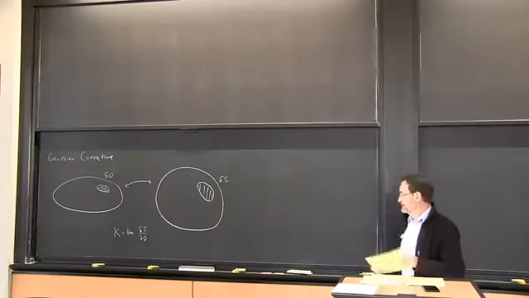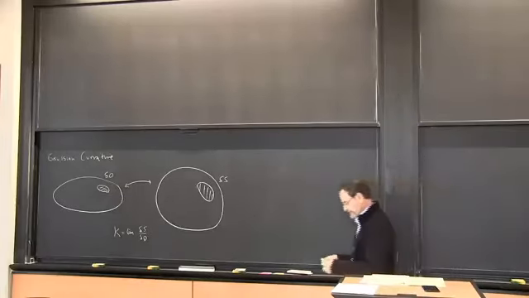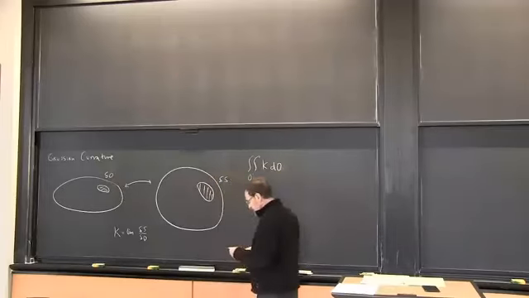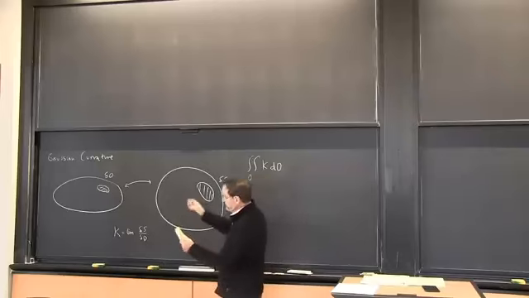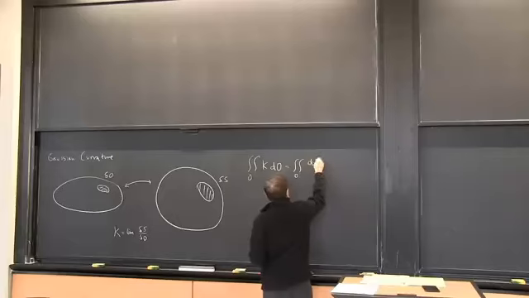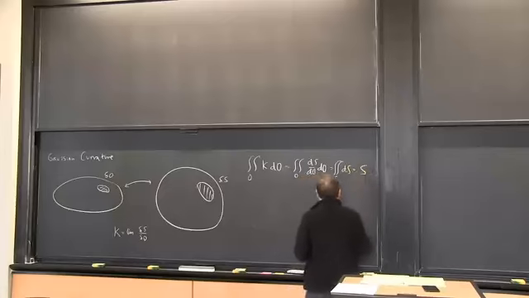One thing we can do with this quantity is take its integral either over the object or over the sphere. So, for example, we can integrate the Gaussian curvature over some patch on the object and then change variables. And we get the area of the corresponding patch on the sphere.